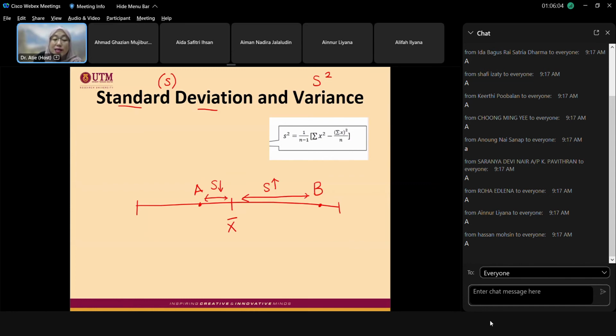So I can say A has lower standard deviation compared to point B. Or I can say A deviates, meaning distance, so A deviates further compared to point B, right?